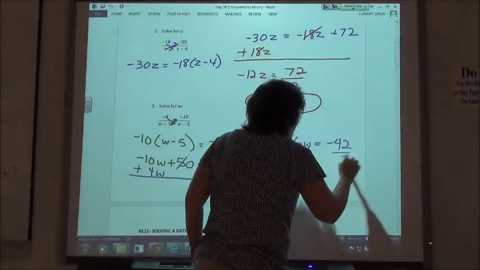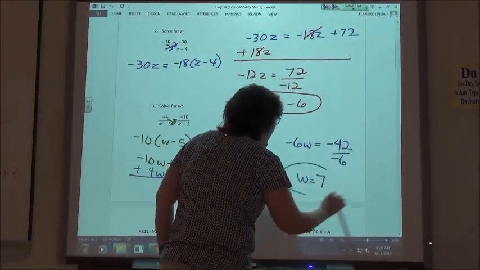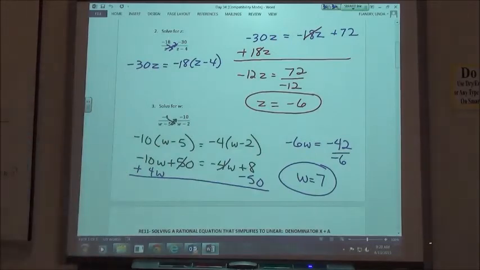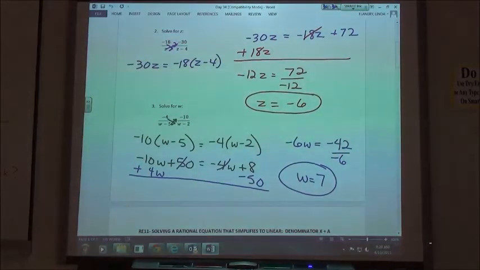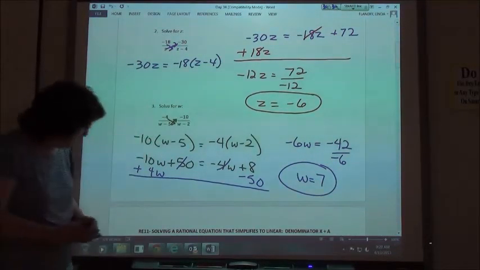And then when we divide, we get an answer of 7. Negative 42 divided by negative 6 is a positive 7. So just cross multiplying anytime you have a proportion to solve it.